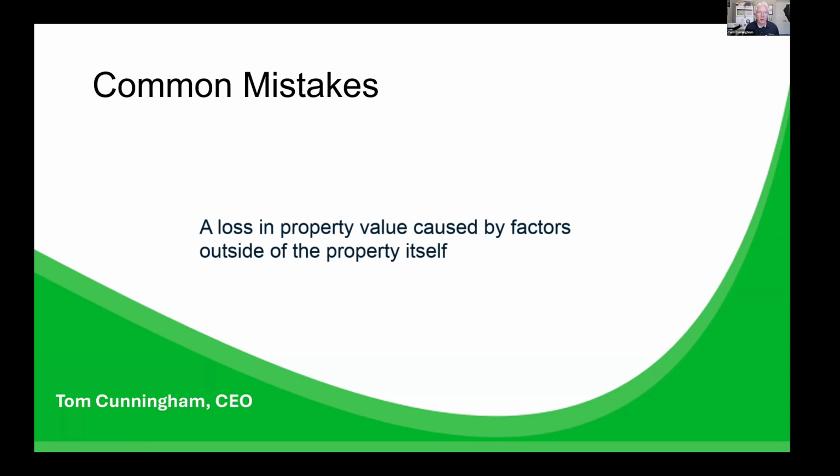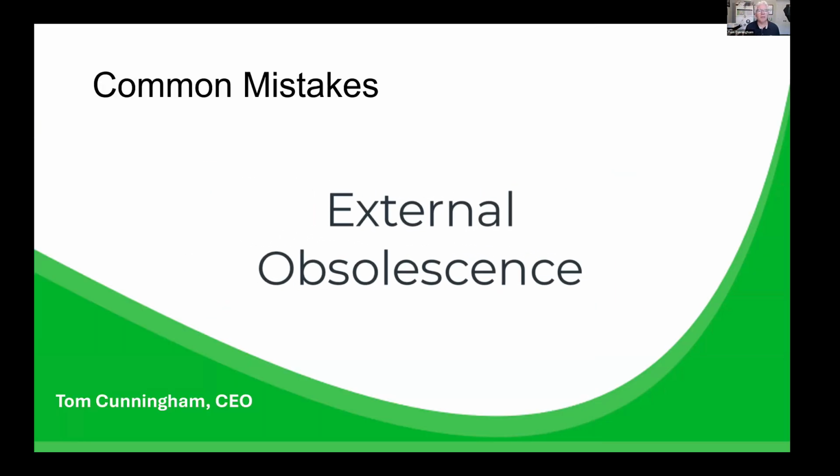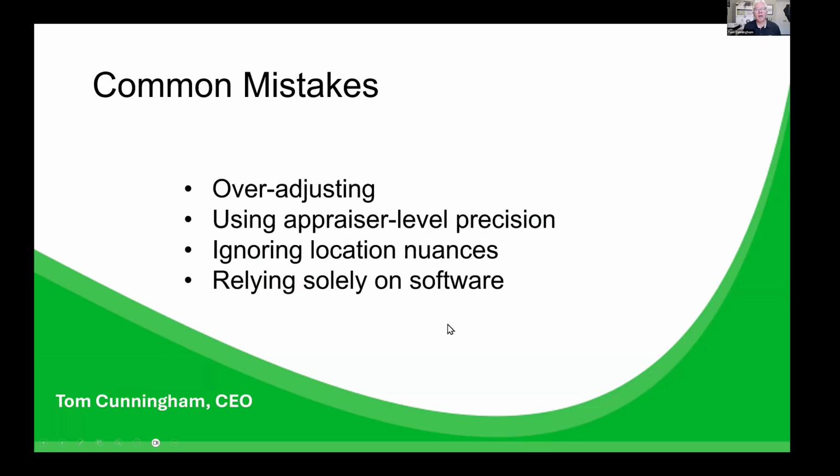Your property abuts another property that's used for a different purpose, and little nuances like that make a difference. I don't know about you guys, but power lines are a big deal for me. I could never buy a house that had big power lines going right across my backyard. That's external obsolescence, and you don't want to ignore those types of things. Relying solely on software.